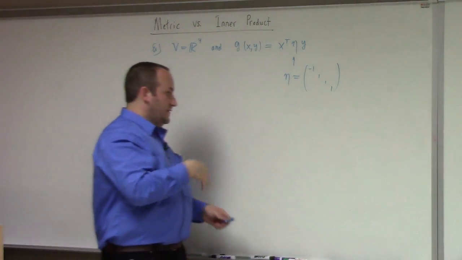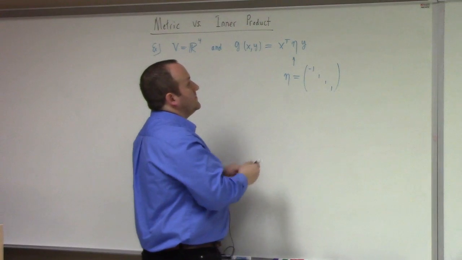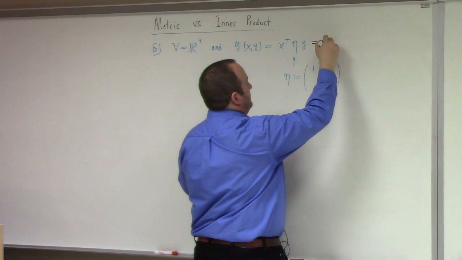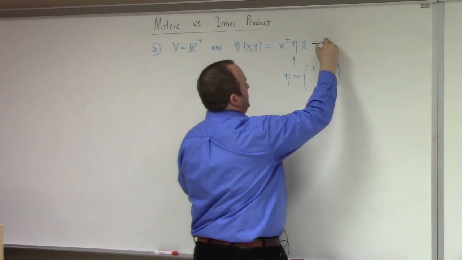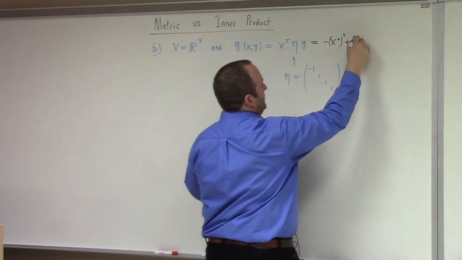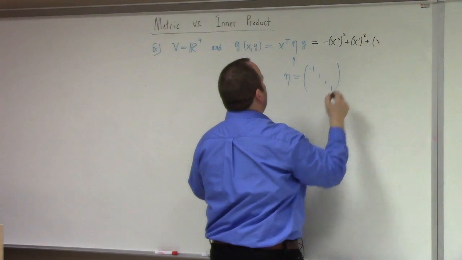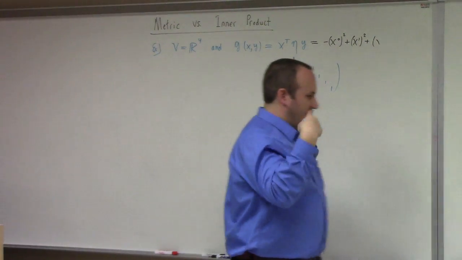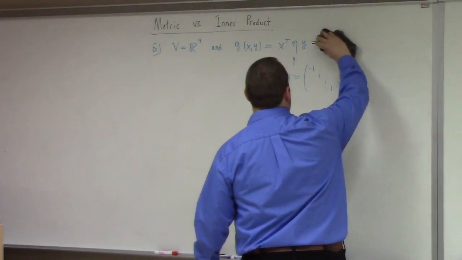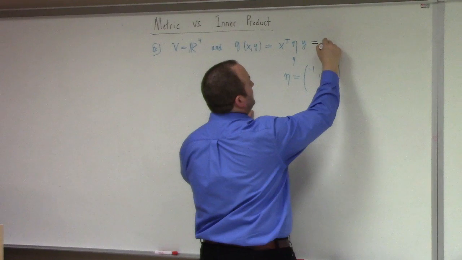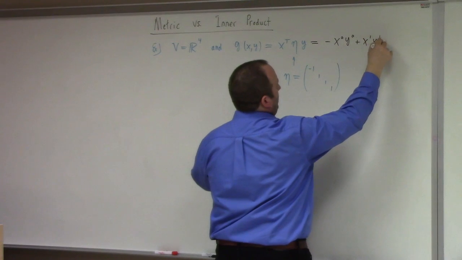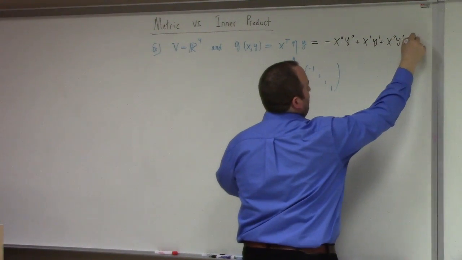The formula for the so-called Minkowski product, the space-time version of the dot product, is minus x naught squared plus x1 squared plus... sorry, I'm thinking about x with x, not x with y. So it's minus x naught y naught, plus x1 y1, plus x2 y2, plus x3 y3.